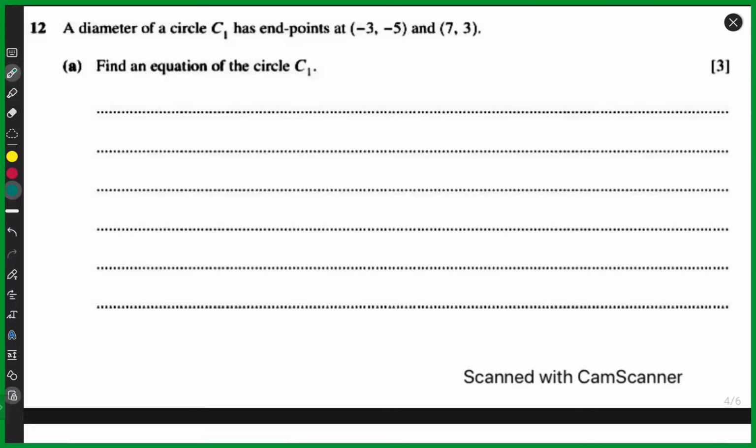So the final equation is (2 minus a) whole squared plus (-1 minus b) whole squared is equal to 6.4 squared. Then I'll simplify. Yes, that is correct. The end part is correct, but you said 2 minus p whole squared, right? No, miss, 2 minus a whole squared. And for the second one, you said?